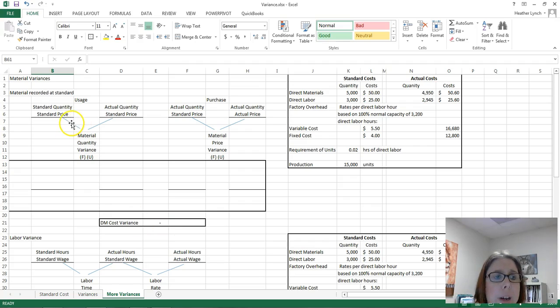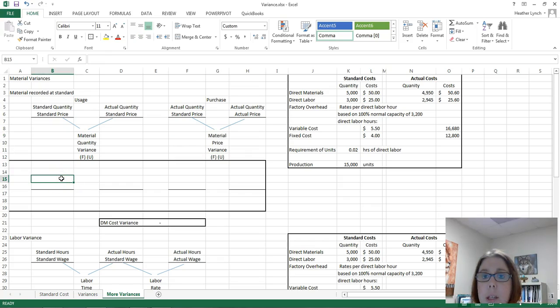So material variance. Again, we're going to look at our material quantity variance and our material price variance. In this situation, they're telling us our standard costs with the quantity and costs, our actual costs with those quantity and costs, the rate per direct labor hour based on 100% normal capacity of 3,200 direct labor hours, and then they're giving us our variable requirements and how much we produced.